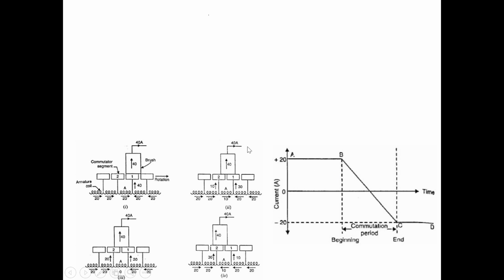Here total current is 40 ampere. If we implement KCL at this point, 20 is coming from this side and 20 is coming from this side. If we take this as incoming current, this is taken as outgoing current. That means it is reversal of current through a commutator segment which is in contact with the brush.